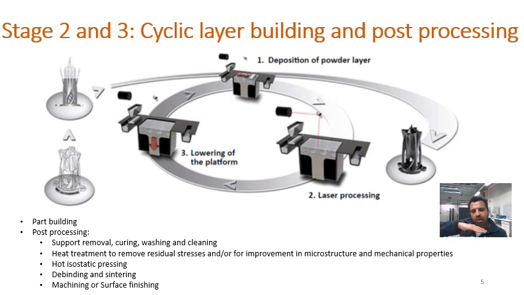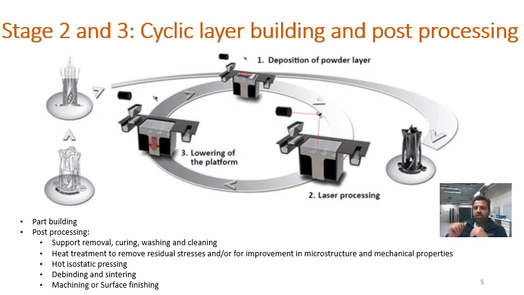When the whole layer is built, the build platform is lowered according to the predefined step, which is also known as layer thickness, and then another layer of powder is spread, and the laser scanning process is repeated to build another layer. This step also ensures that the current layer is bonded with the previous layer.